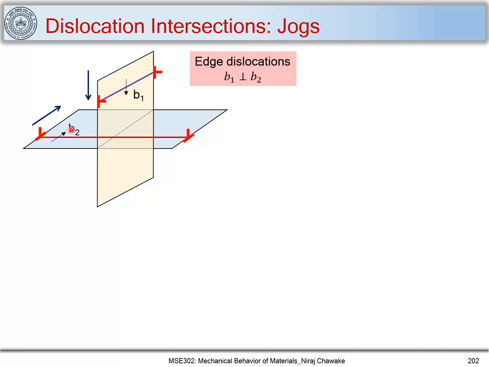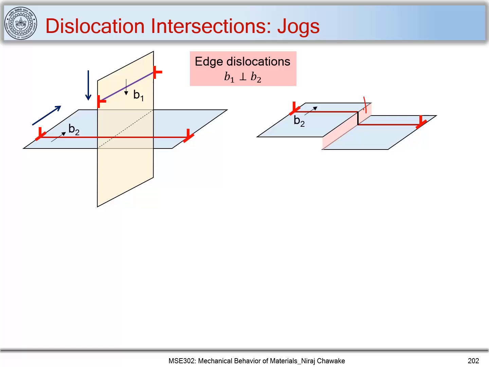when they intersect, each will leave a step or a break on the dislocation line along the direction of the Burgers vector of the other, and the magnitude also will be the magnitude of the Burgers vector of the other. So let's see this, and if you apply this rule on this dislocation, which is B2, you can see that there is a step created on this dislocation B2 along the B1 direction. So this step is along the B1 direction. Let us mark here.